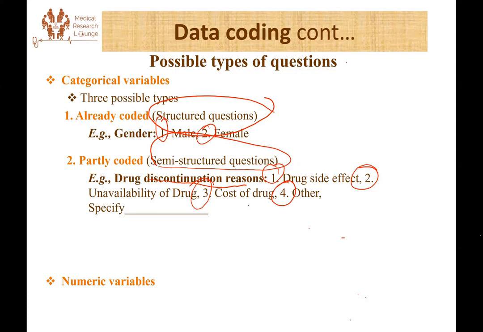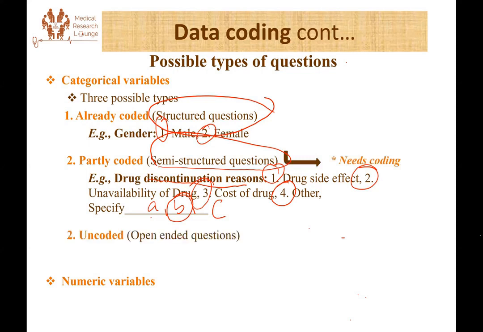So from the other responses, we can have like A, B, C, different responses. And from this, let's say B could have larger response and should not be included in the other response. So we're expected to give it another code, a different code from what we have already coded. So this type of partly coded questions, they need further coding.